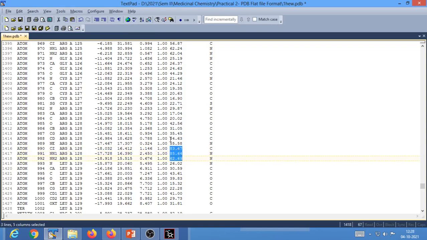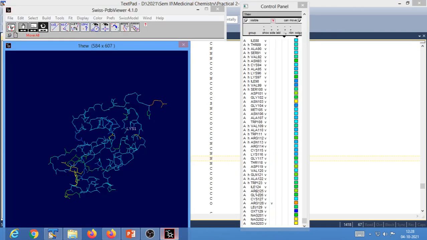Do you see all of the atoms from the side chain have B factors above 50. The highest B factor of the atoms is for this nitrogen atom from the guanidino group, 85, 83, right? And hence they are colored in the shade of red.